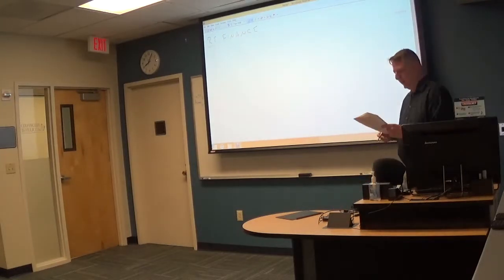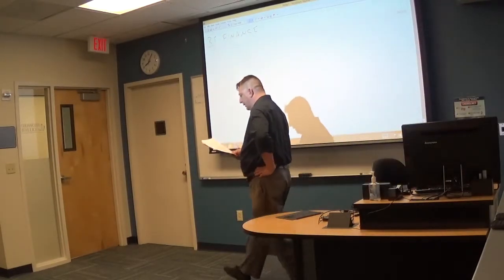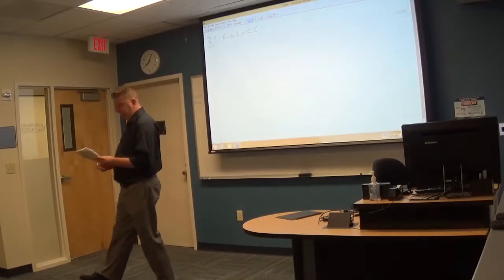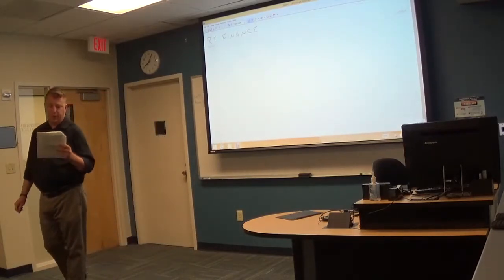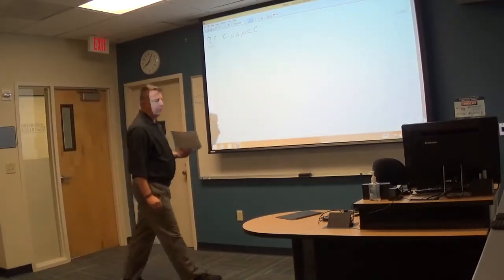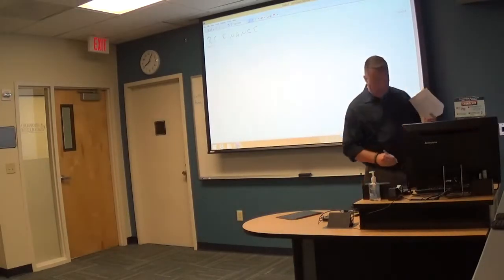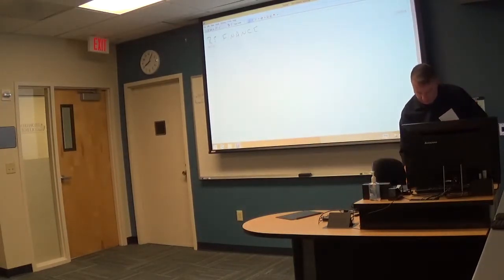Okay, so this first problem states that you've got a borrower that obtains a fully amortized fixed rate mortgage for $125,000. This is problem 4.1. And so we've got the mortgage of $125,000.